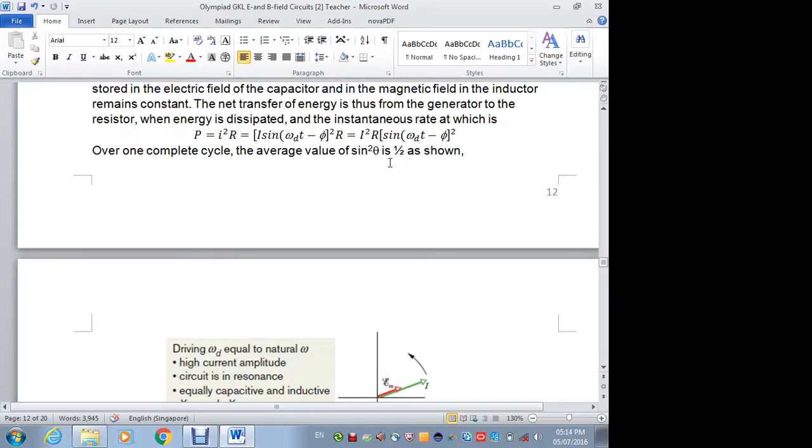Do sine square theta divided by 2 pi, d theta, from 0 to 2 pi. See whether you can get half. Of course, to integrate sine square, you can use the double angle formula to substitute. Just try.